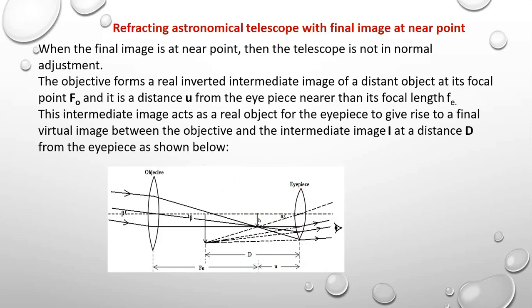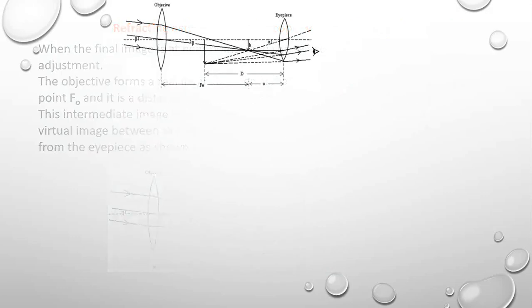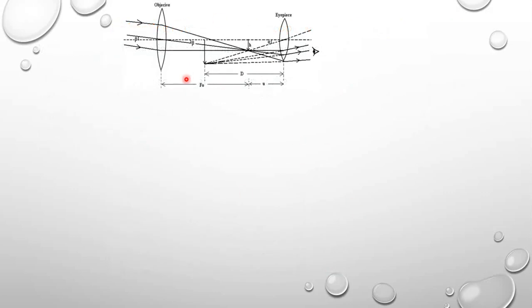So let us try to also derive the angular magnification when it is not in normal adjustment. So we are going to still let h be the height of the intermediate image formed by the objective, at this point F naught. So the distance from here up to here is going to be fe.